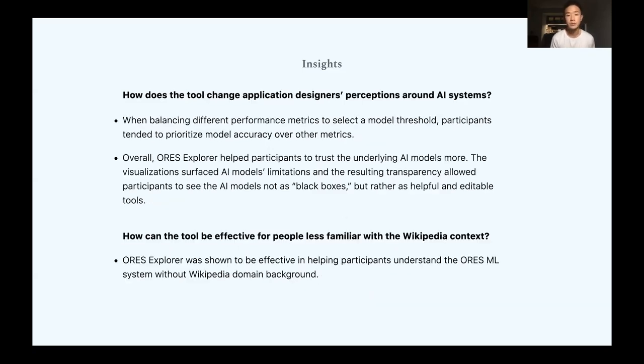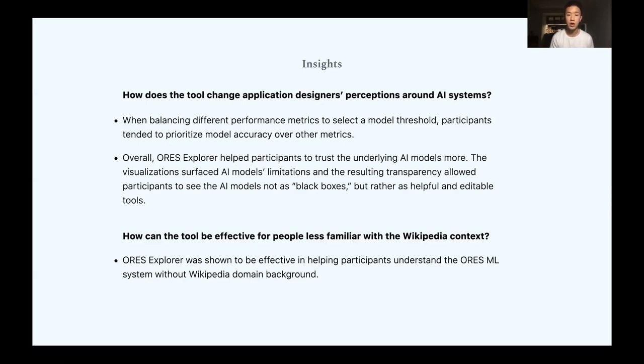How does the tool change participant perception around AI systems? So we found that when balancing different performance metrics to select the model threshold, participants tended to really prioritize model accuracy over other metrics. Although accuracy might not be the most important metric in certain scenarios, because some participants are not familiar with other metrics, they tend to really emphasize accuracy when making the decision.